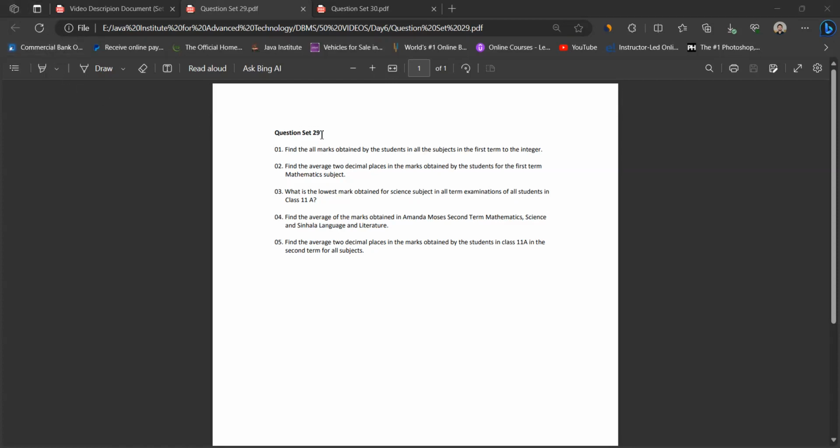So in this question set, we are going to discuss these 5 questions. The first question: find all the marks obtained by the students in all the subjects in the first term, rounded to the integer. So here we have to round off the marks to an integer.